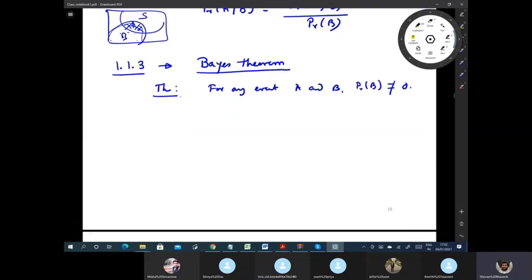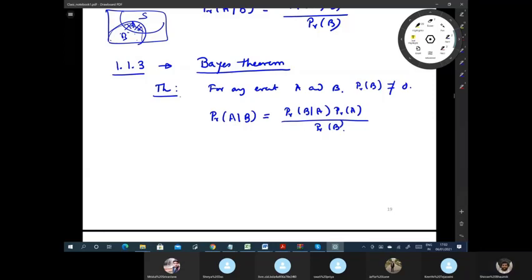For any events A and B, the probability of A given B is equal to the probability of B given A times the probability of A, divided by the probability of B. This is called Bayes theorem.